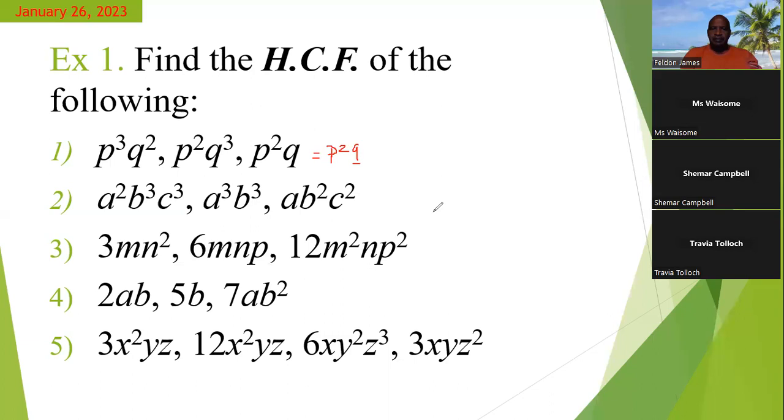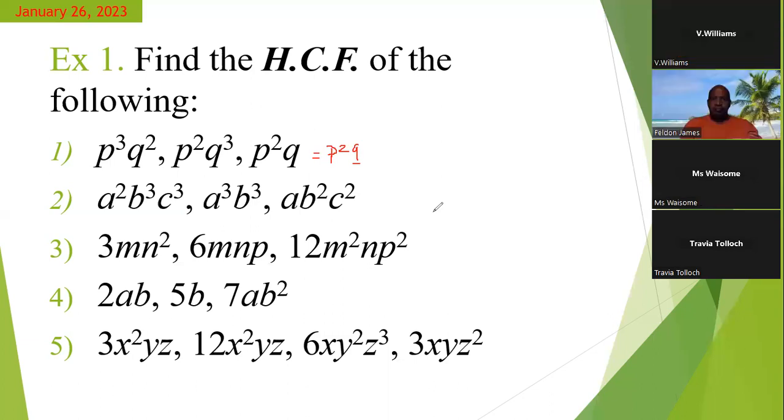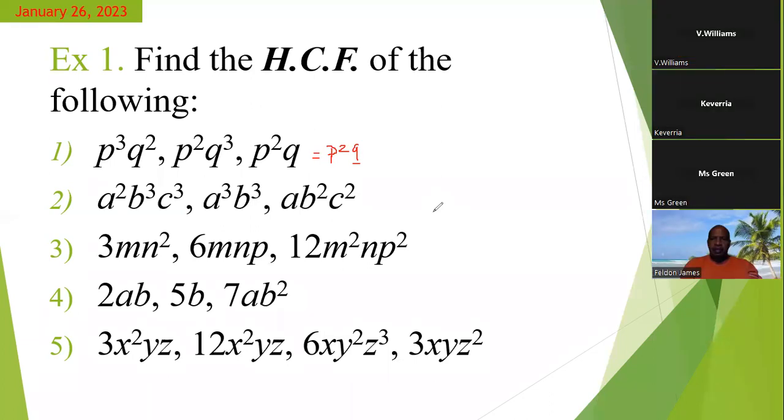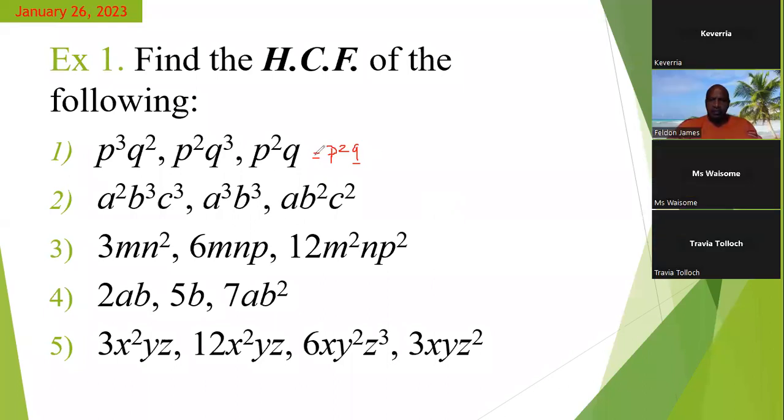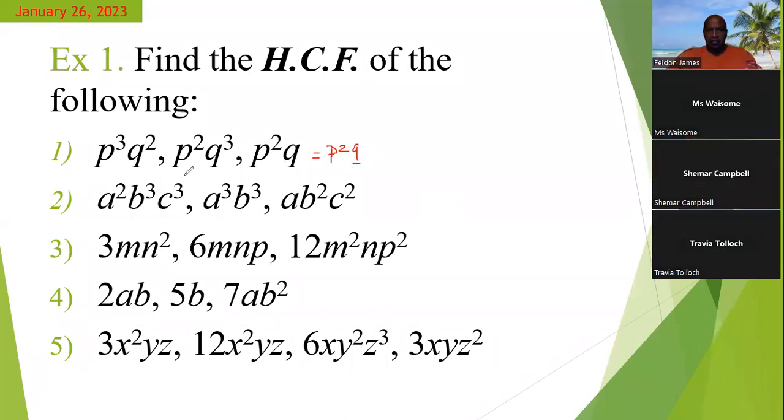Let me see your hands. All right. Thanks much, Ms. Tulloch. Yes, it would be correct. So you choose common factors. P obviously is common in all the terms, and Q also is common in all the terms. So the lowest power of P, P squared, lowest power of Q, just Q.